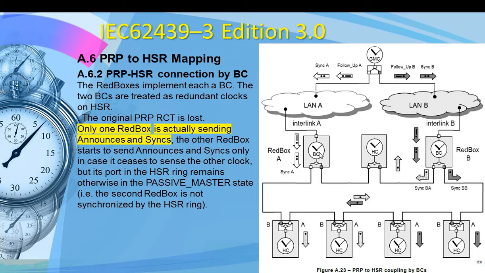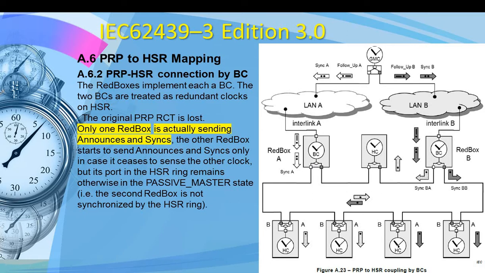After receiving the sync message, follow-up message, and announce messages, the boundary clock will remove the PRP trailer. Even though these two boundary clocks connect to both PRP and HSR networks, only one boundary clock runs in active mode, and the other one in passive mode.